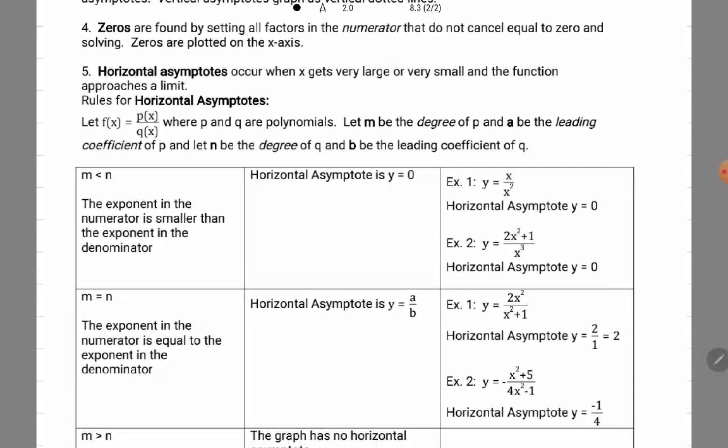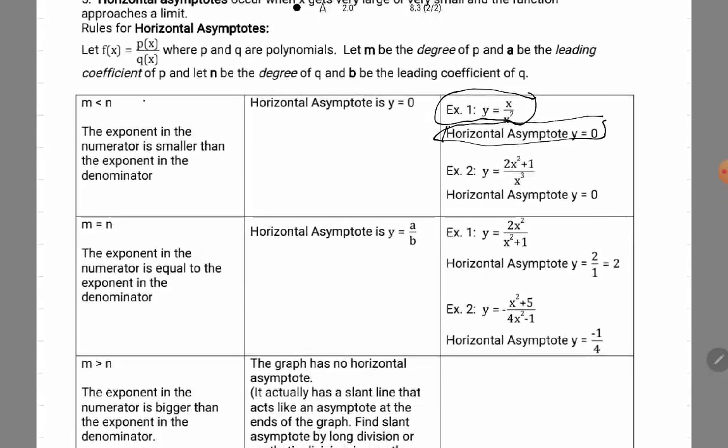You look at the degrees of the numerator and the denominator. For example, y equals x over x squared. The degree of the top, the highest exponent, is 1, and the degree of the bottom is 2. If the degree is higher on the bottom, then the horizontal asymptote is just y equals 0.